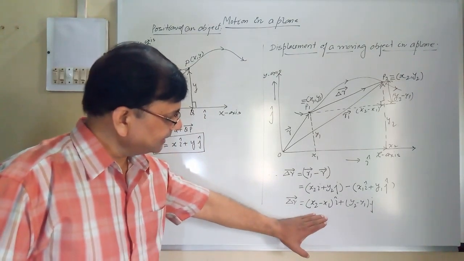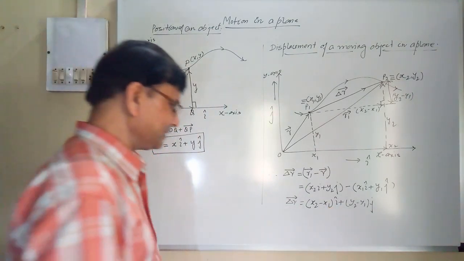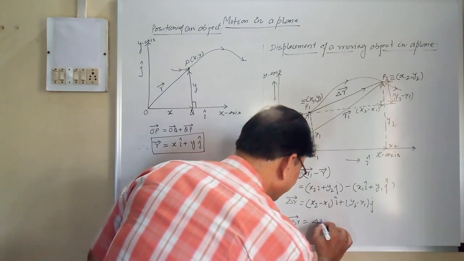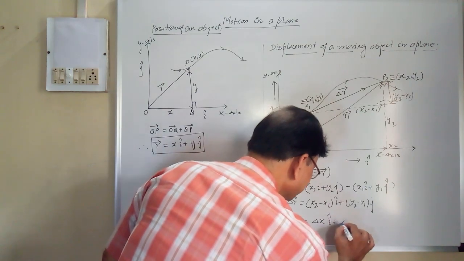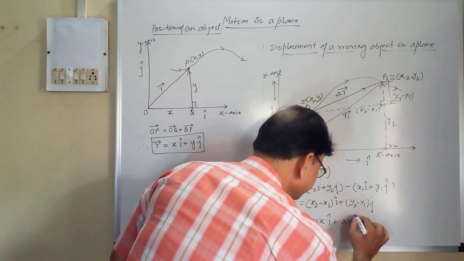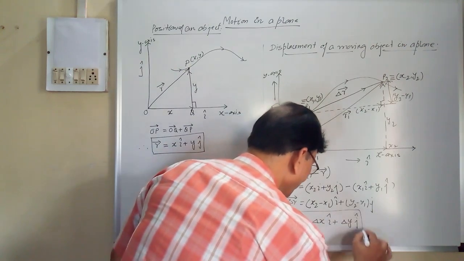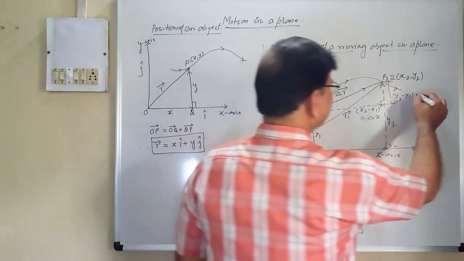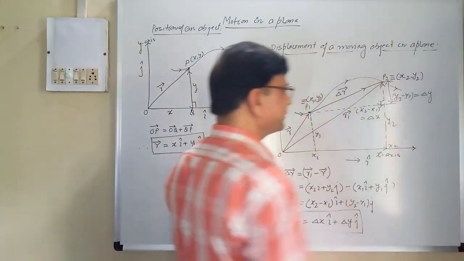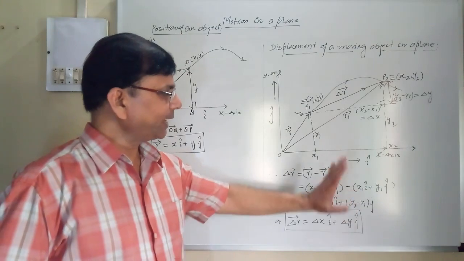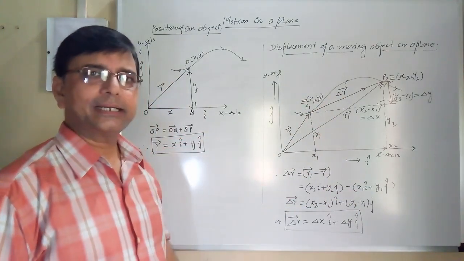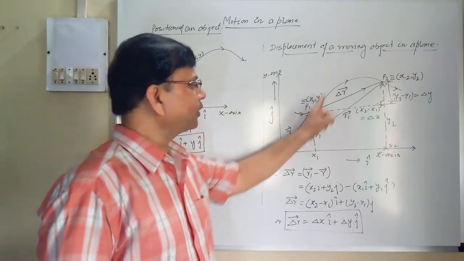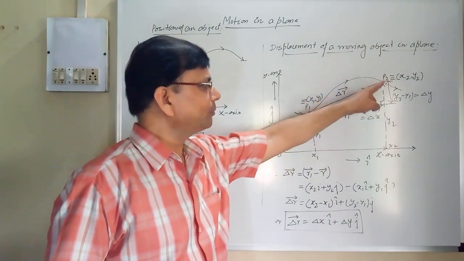And this delta r is written as delta x i plus delta y j. So here x2 minus x1 is delta x and this is delta y. So delta x is clear, delta y is clear, and delta r is the displacement vector of the object moving along this path from P1 to P2.